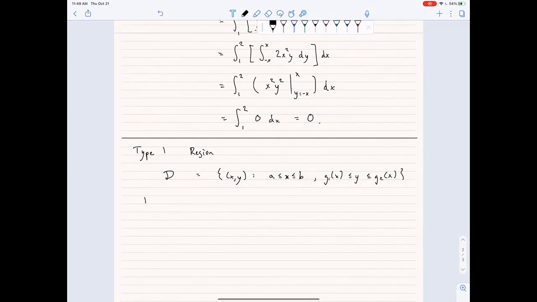In this case, Fubini's theorem, which we just used, says the following. It's written up on the important concepts, but let me write it here too.